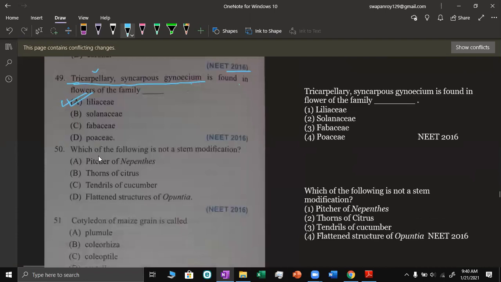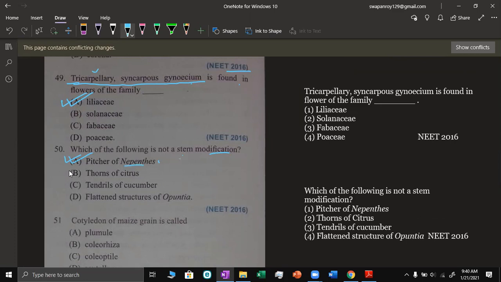Next is, which of the following is not a stem modification? The picture of Nepenthes is a modification of leaf.